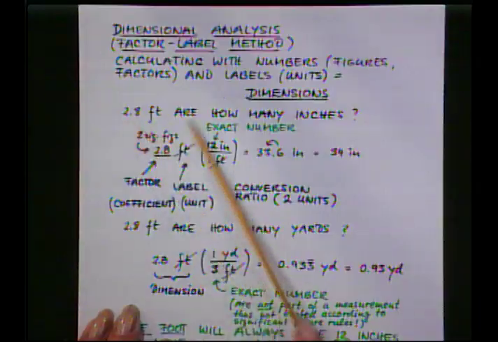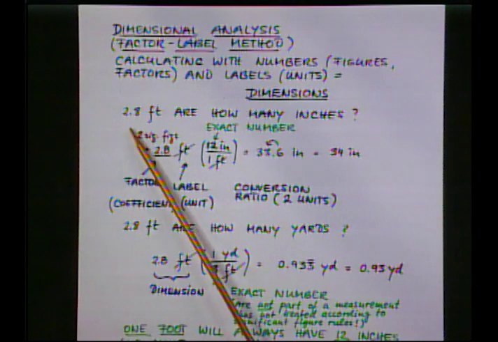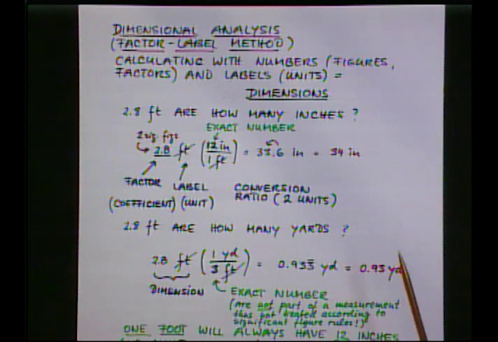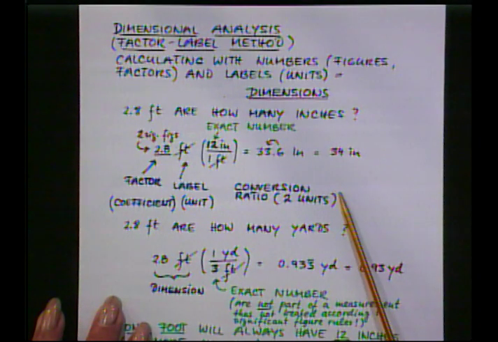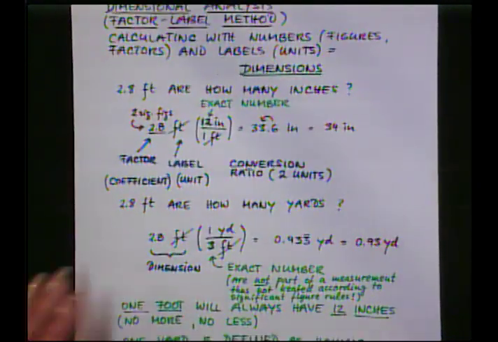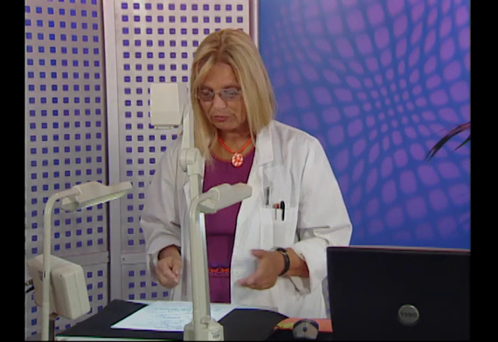Together we call that a dimension. So if we want to do a little calculation and say, ask us, how many inches are 2.8 feet? Now these are not SI units, but we are very comfortable with these units and they are our good old friends and we like to still use them. But if we have to do a scientific paper, then we cannot use them. Then we have to stick to the SI units.